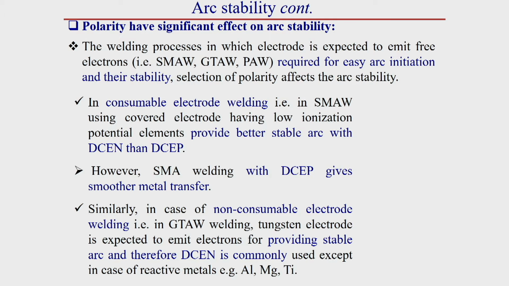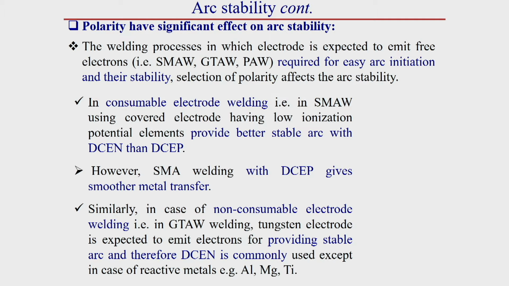Generally, why? Because whatever points I have told you are different points. Apart from this, it highly depends on polarity, especially in welding processes in which the electrode is expected to emit free electrons, like the SMAW process, GTAW process, plasma arc welding process. Here the electrode is expected to emit free electrons, required for easy arc initiation and arc stability.